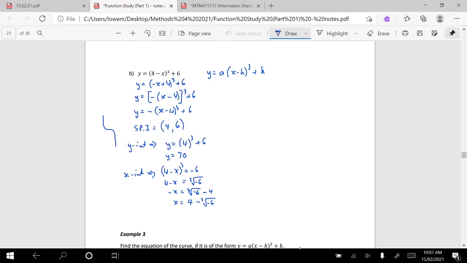It is worthwhile at this point, in terms of sketching, we just really want to know where that is, and it's not immediately obvious where it is. So if we just put it in our calculator and we go 4 minus negative 6 to the power of 1/3, which is the same as the cube root.